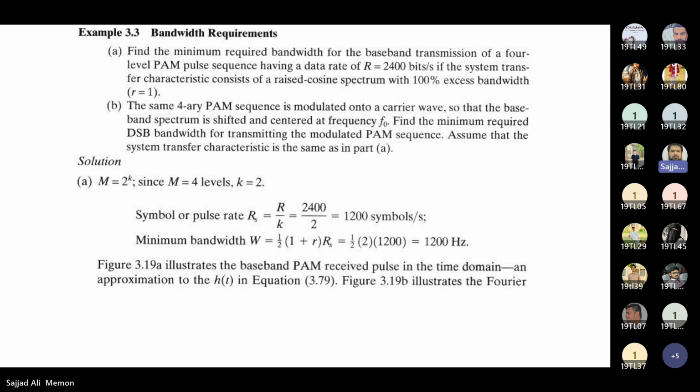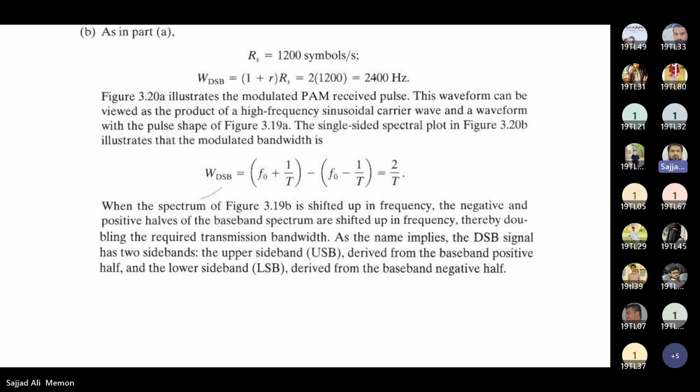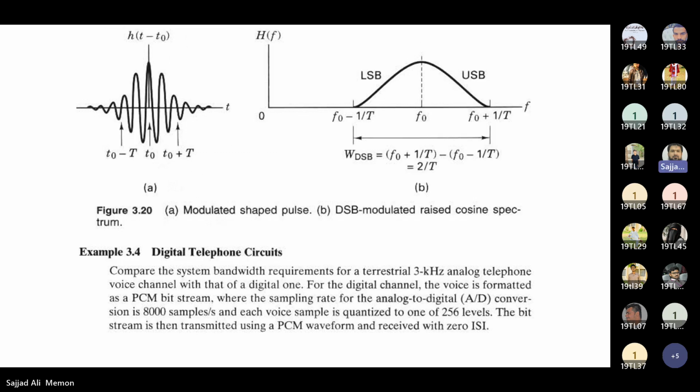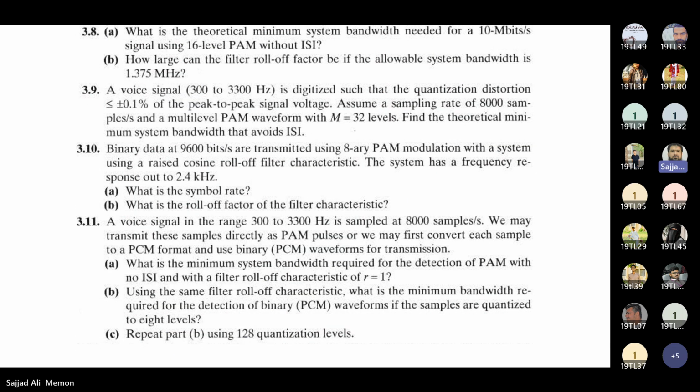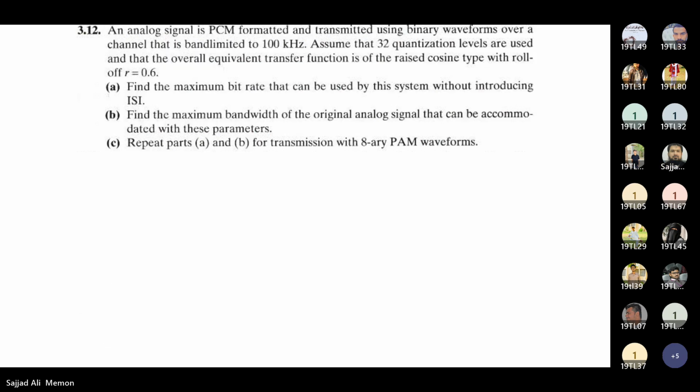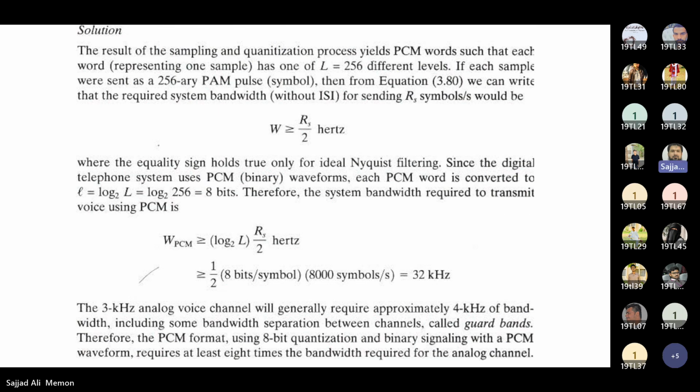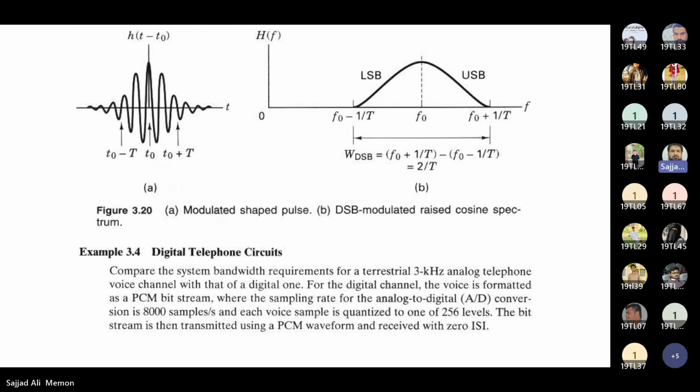We have calculated A, and then we have B. Similar examples are given, 3.4, and the same unsolved examples are given from the Nyquist, from the Bernard Sklar book. They are also listed here. And we have this 3.12. Okay, so that is the end of intersymbol interference.